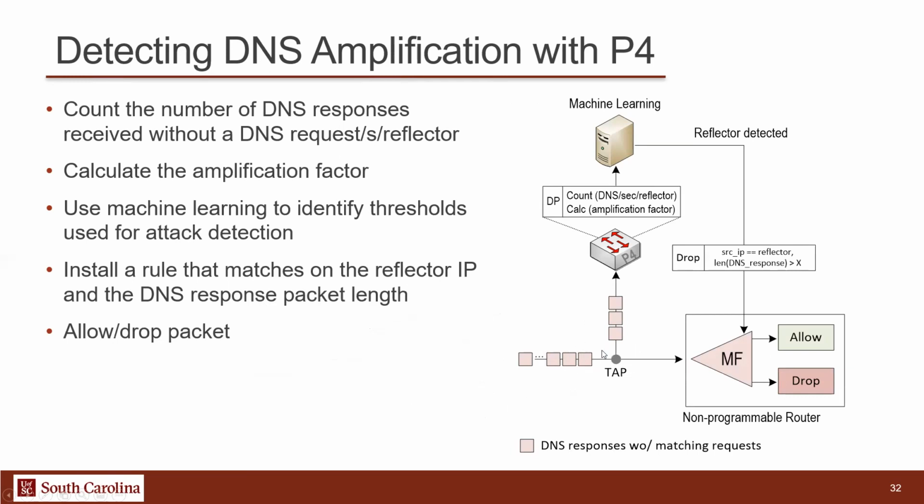And what we are doing is getting this traffic, identifying it in the P4 program, and counting how many of these DNS packets are being received per second per reflector, because typically they would try to leverage those public reflectors. It can be a large number, it can be a small number.